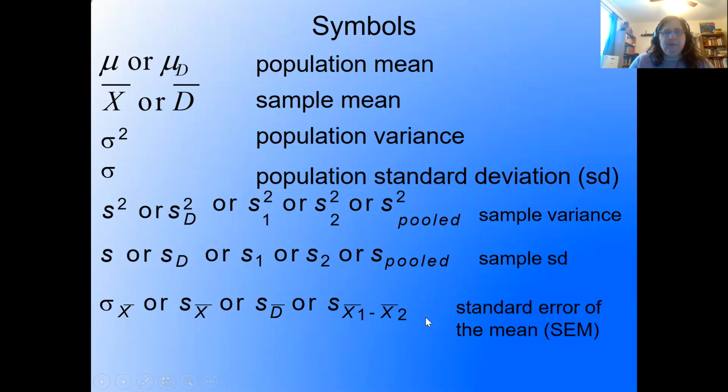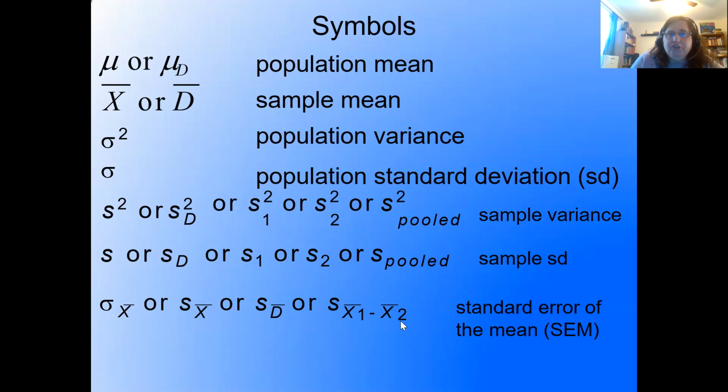Now I want to make a point about this next one. Now what I have here is true. Sigma X bar, or S of X bar, or S of D bar, or S of X bar 1 minus X bar 2 are all standard errors of the mean. However, there is an important distinction to be made here. This first one, the sigma X bar, that's a population standard error of the mean.